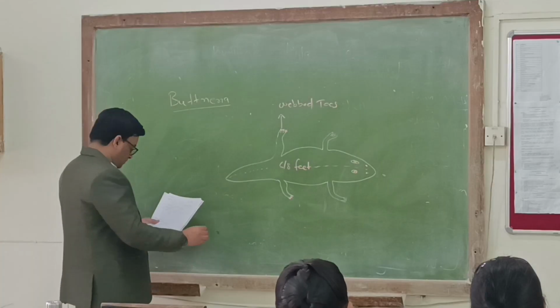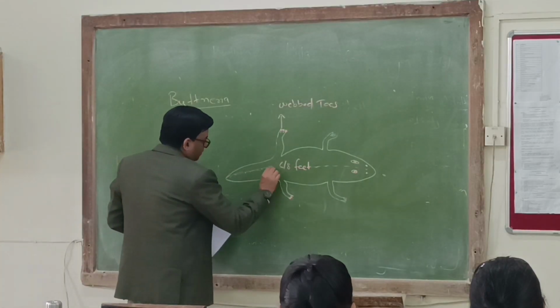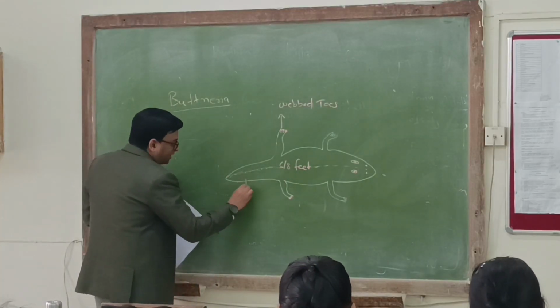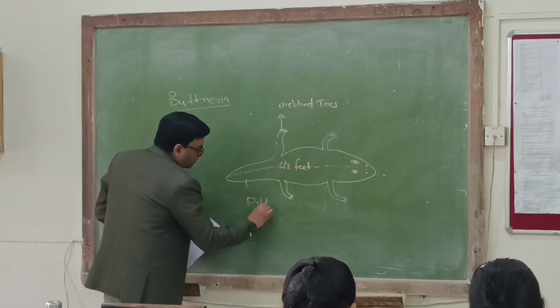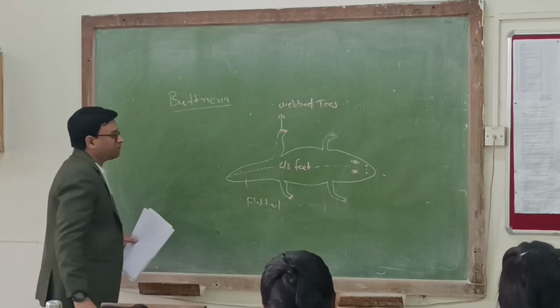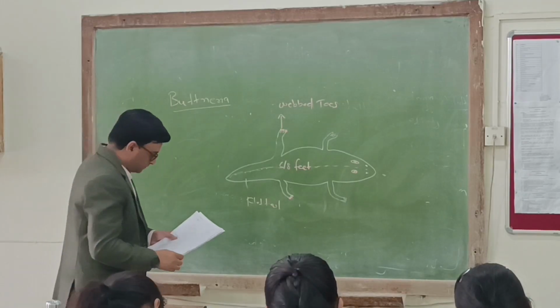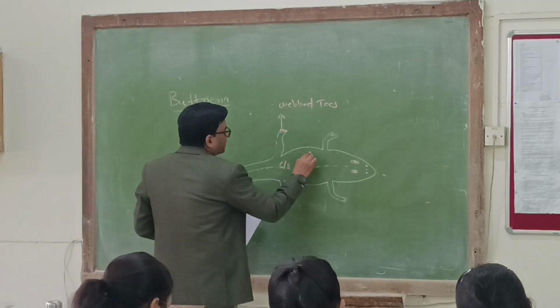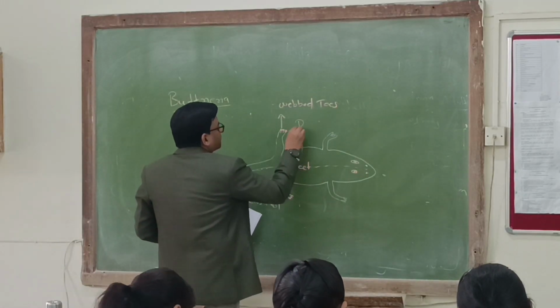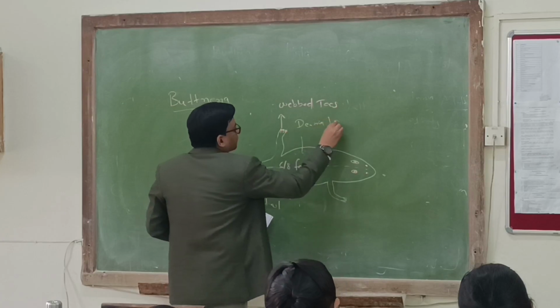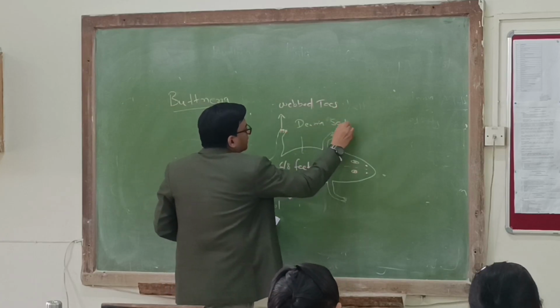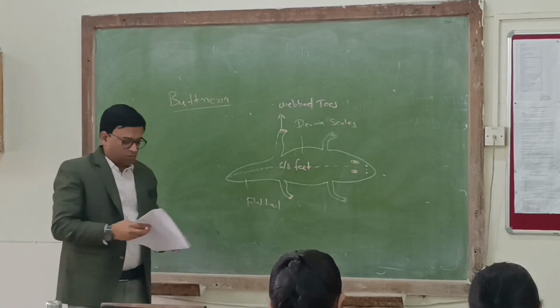So this is a flat tail with webbed toes, 6 to 8 feet long, having the dermal scales.